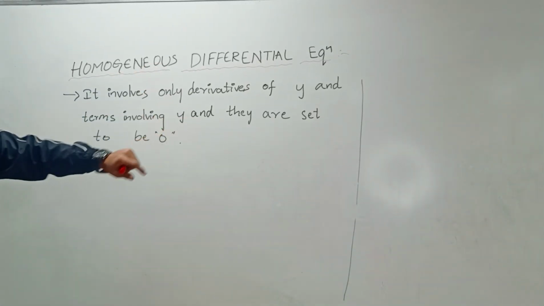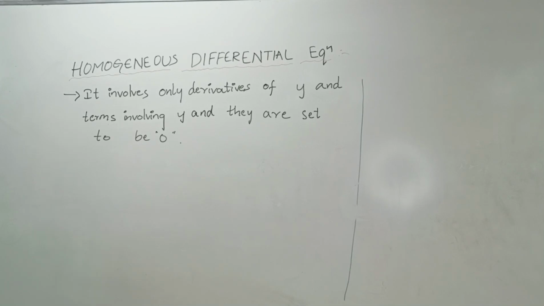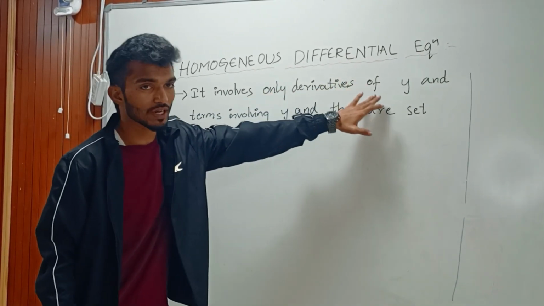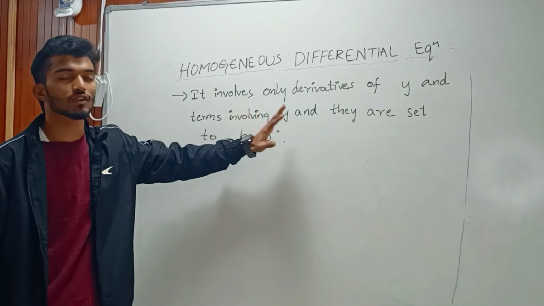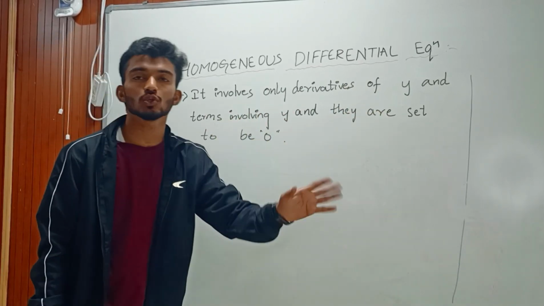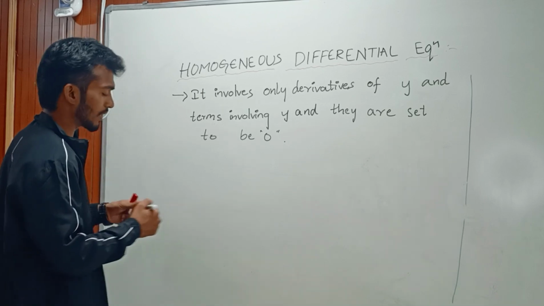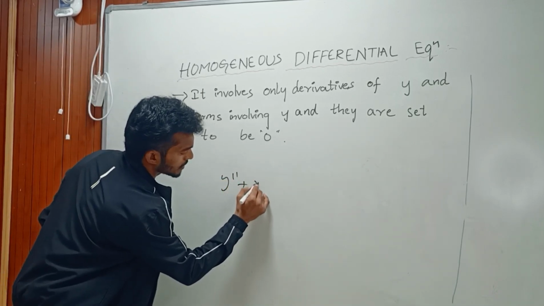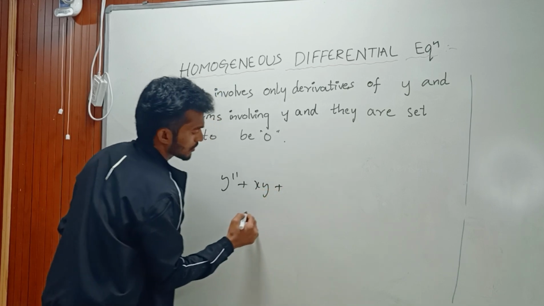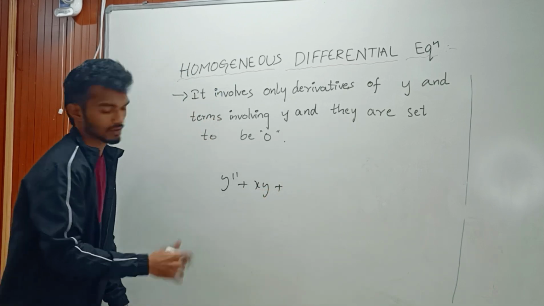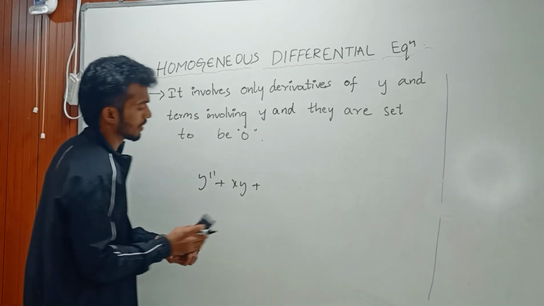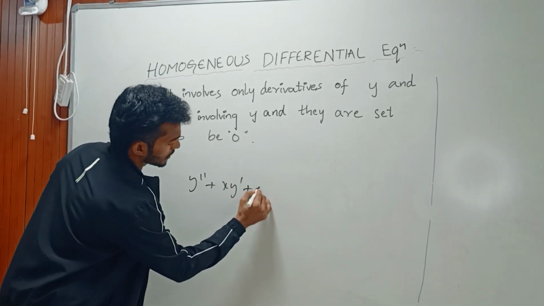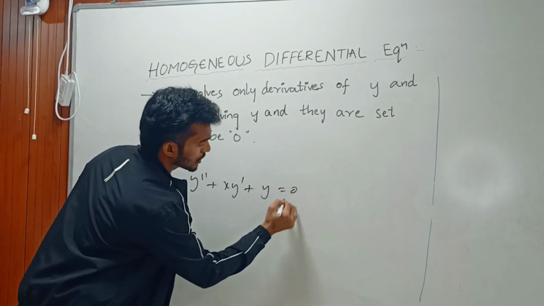Homogeneous differential equations. The equation is said to be homogeneous if it involves only the derivatives of y and the terms involving y, and they are said to be 0. Let me give you an example, guys. y double dash plus xy dash plus y equal to 0.